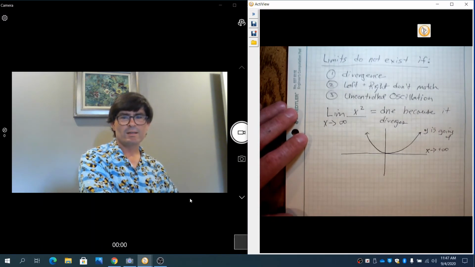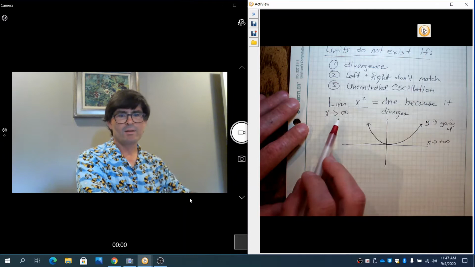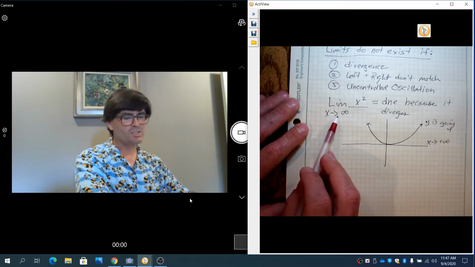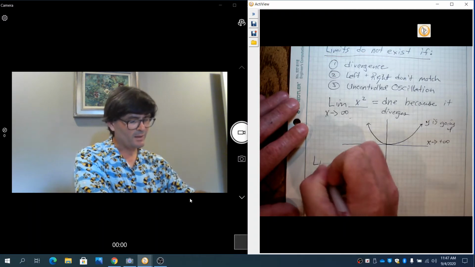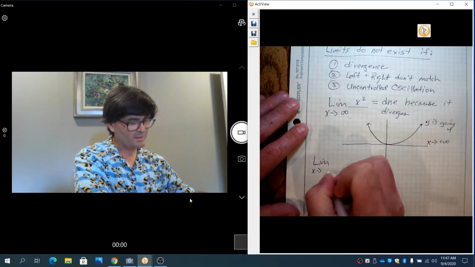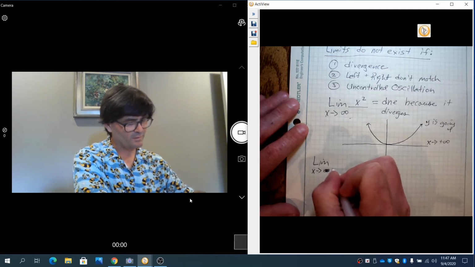It's easy to forget that limits are always based on what x is approaching. Just because x squared doesn't have a limit as x goes to infinity says nothing about other points. How about x goes to 4?